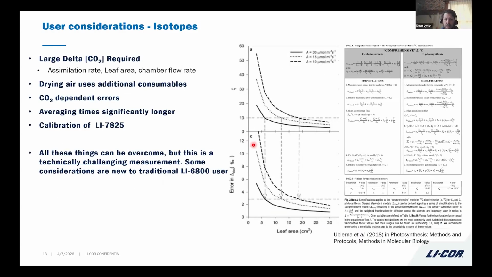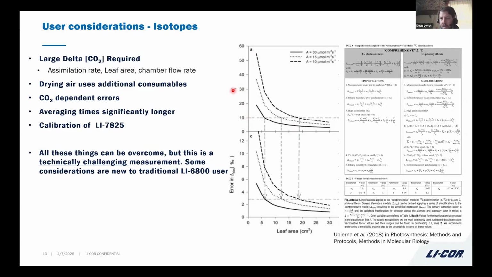So these figures on the right are showing the summary of the computations that we are providing on board the LI-6800, as well as an idea of at a given flux, the amount of leaf area that is necessary to get the error rate into an acceptable level. So this top plot here is showing a parameter called psi.